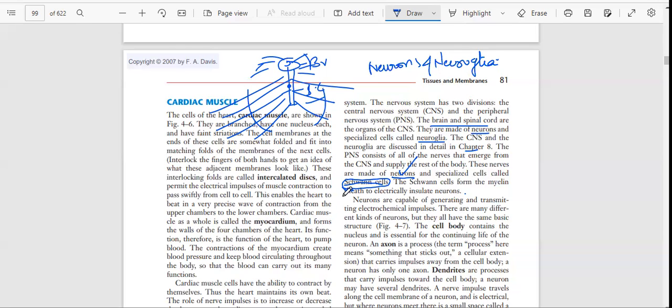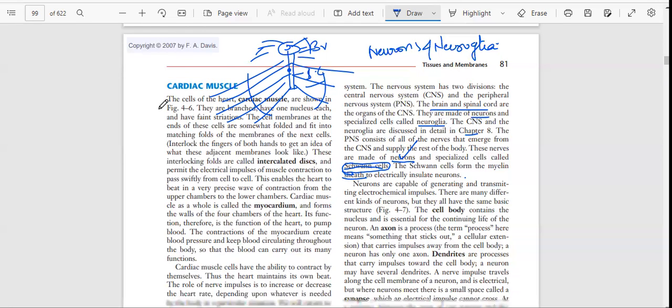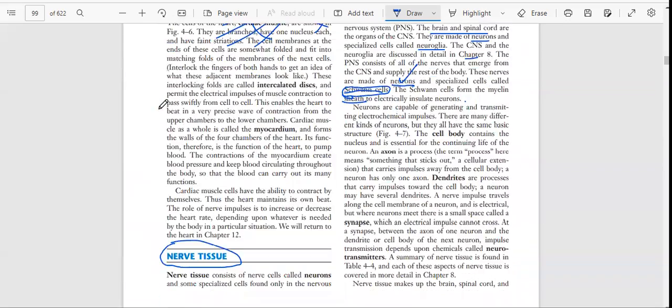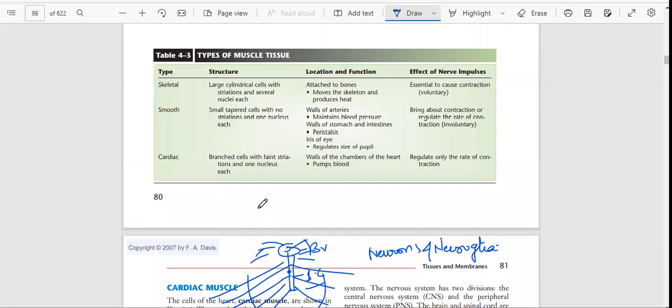Schwann cells have a myelin sheath, the covering of the cell, because of the electrical charges, the information we have to send immediately.